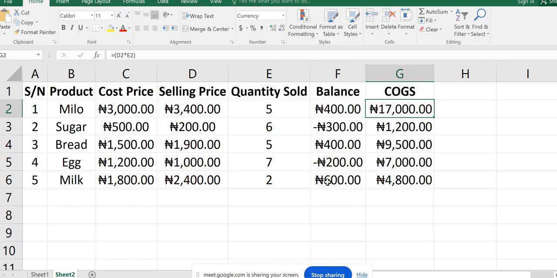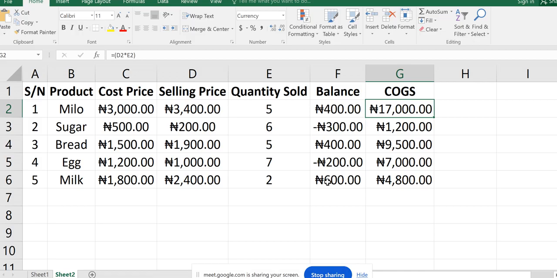So I bought five products of that same Milo at 3,000 naira. To get my cost of goods sold, what am I going to do? It will be the cost price multiplied by the quantity sold. That is the cost of goods sold.